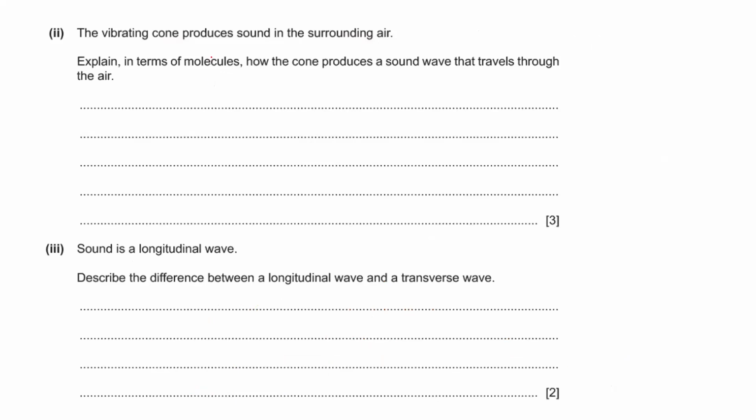Then in the next part, it says that the vibrating cone produces sound in the surrounding air. Explain in terms of molecules how the cone produces a sound wave that travels through the air. So this is our cone, and if it moves forward, it compresses the air. If this cone moves backwards, it decompresses the air or causes rarefactions.